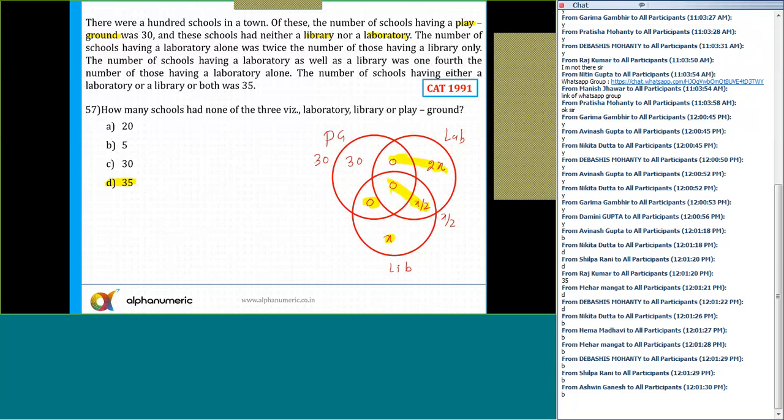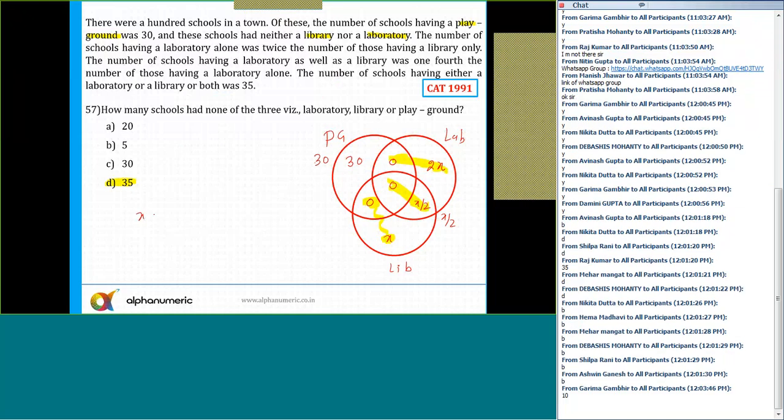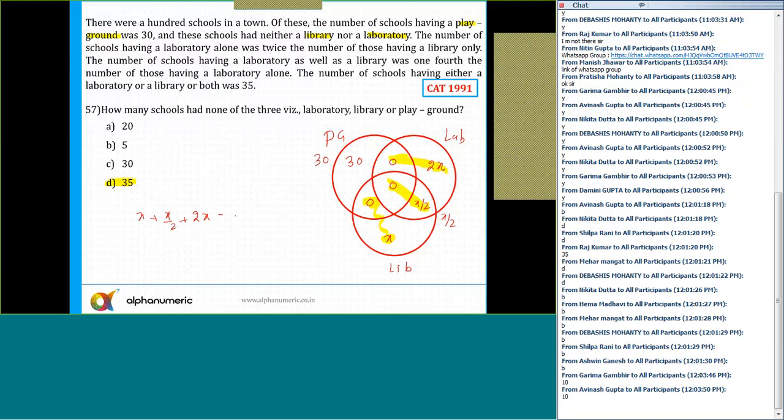These are the figures I have highlighted, which belong to either library or laboratory, and the sum of this is equal to 35. So x plus x by 2 plus 2x equals 35. After solving this, you can find the value of x. Can anyone tell me? Yes, that's right, x is equal to 10.